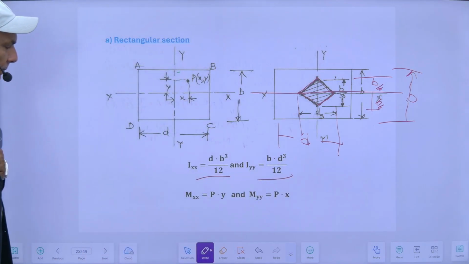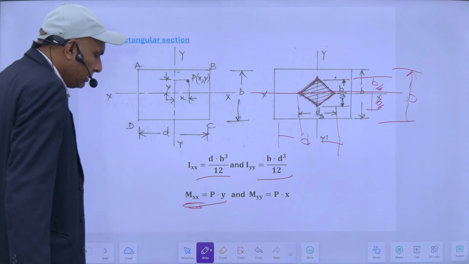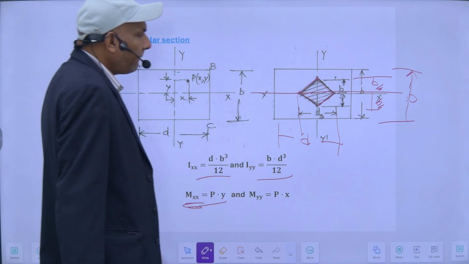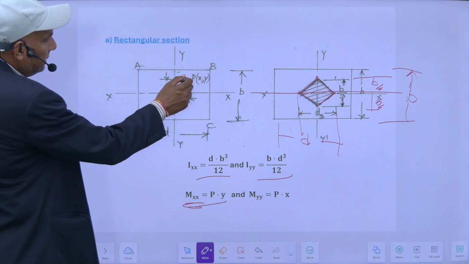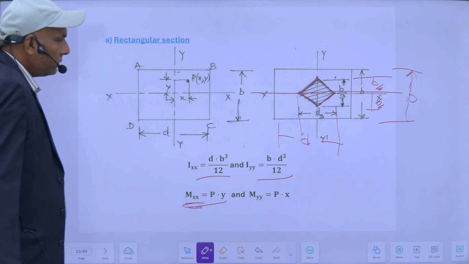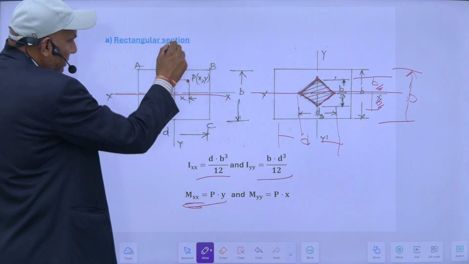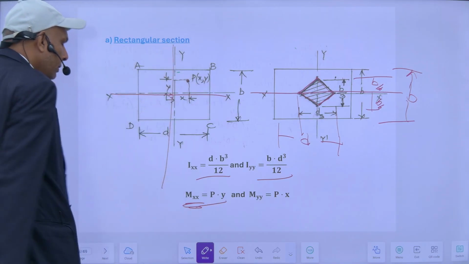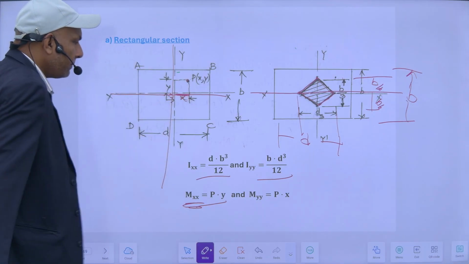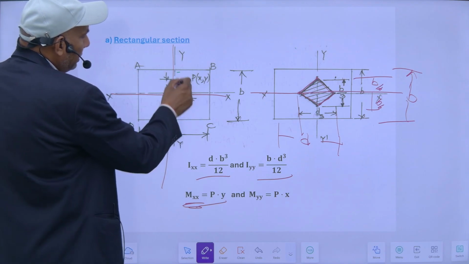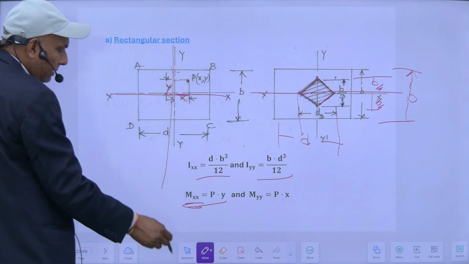So the bending moment about this x-axis will be due to this load P. Suppose this is the point where the load is acting. So its position is there. Suppose this is the origin, this is the x-axis, this is the y-axis, and the load is acting here. So its ordinate along this x-axis is x, and along this y-axis it is y. So its coordinates are P, x and y.